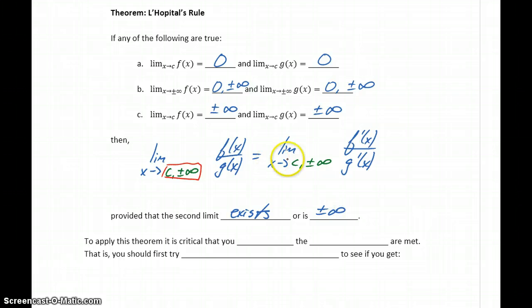So what's important to note here about this rule, L'Hopital's rule, is again that we have to verify these conditions in order to apply this rule, and that when we're looking at the derivative of f divided by the derivative of g, this is not the quotient rule.